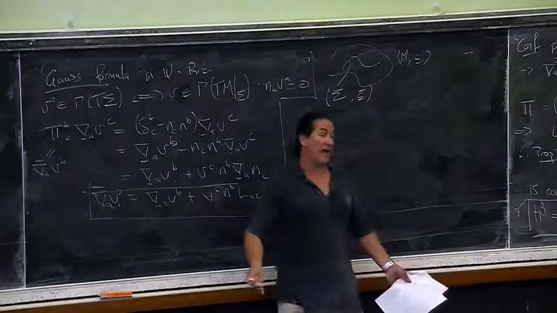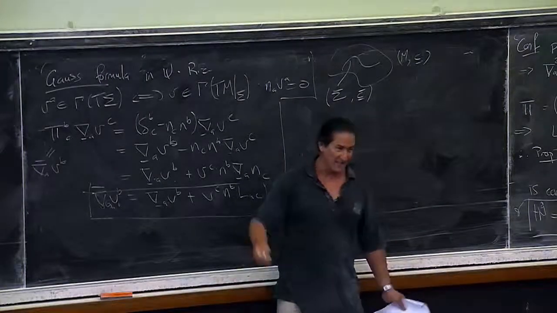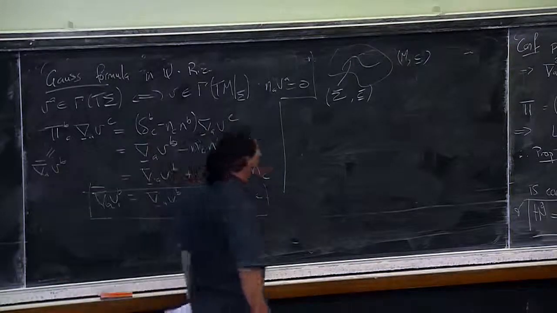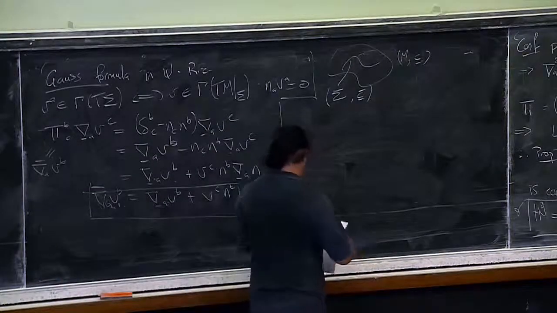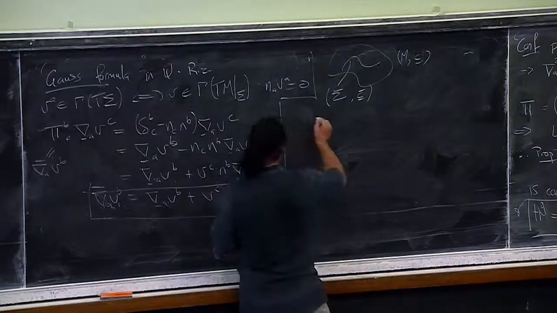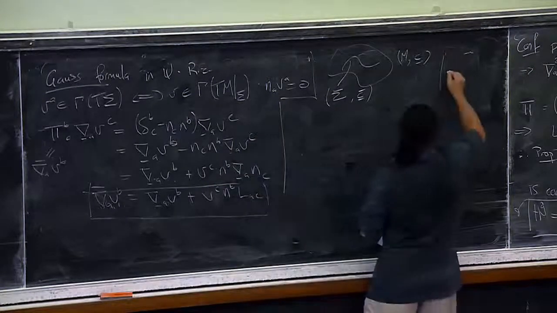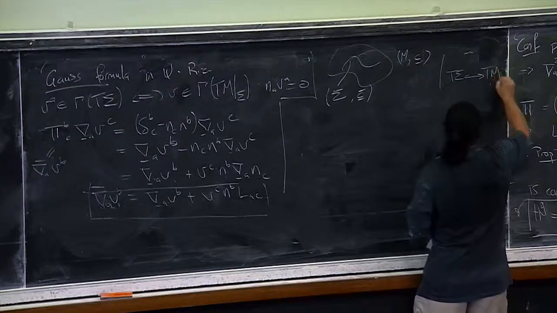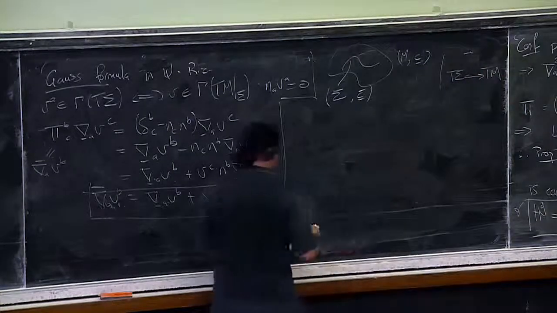But are the tractor bundles even compatible, right? So here we had the tangent bundle, so life was easy. So first of all, we have to see, are the tractor bundles compatible? So before we had T sigma going into here, we want the analog for the tractor bundles.